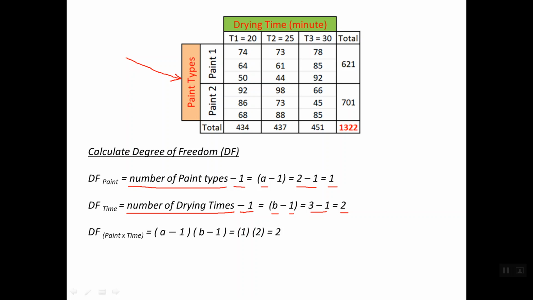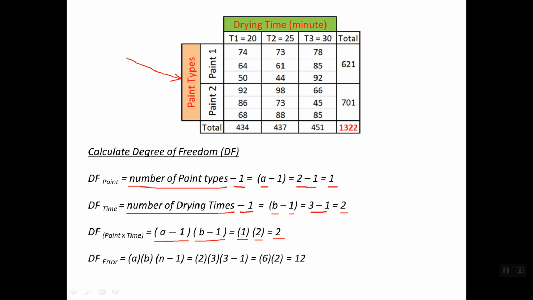Regarding the degree of freedom for the interaction, we simply multiply the degrees of freedom of the two factors. This is the degree of freedom for the first factor, a minus 1, and this is for the second factor, b minus 1. For the first factor we have 1, and for the second we have 2, so the multiplication results in 2.